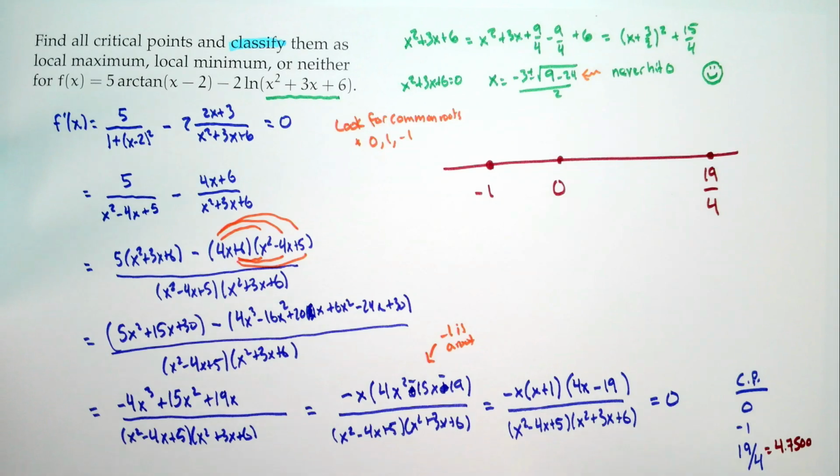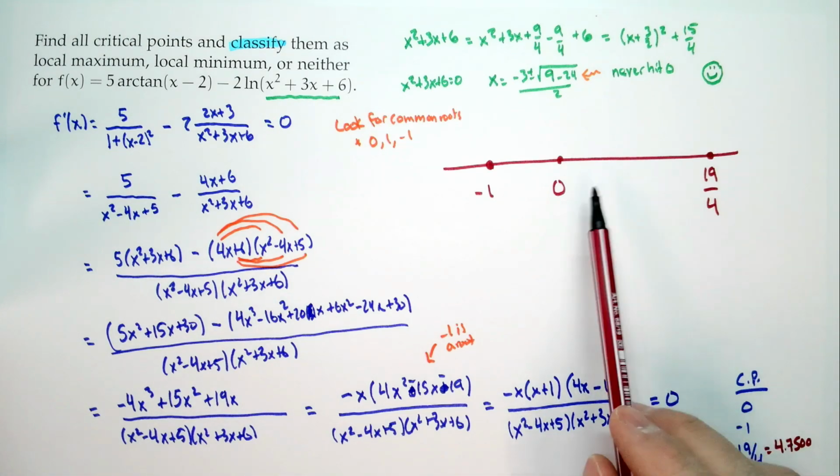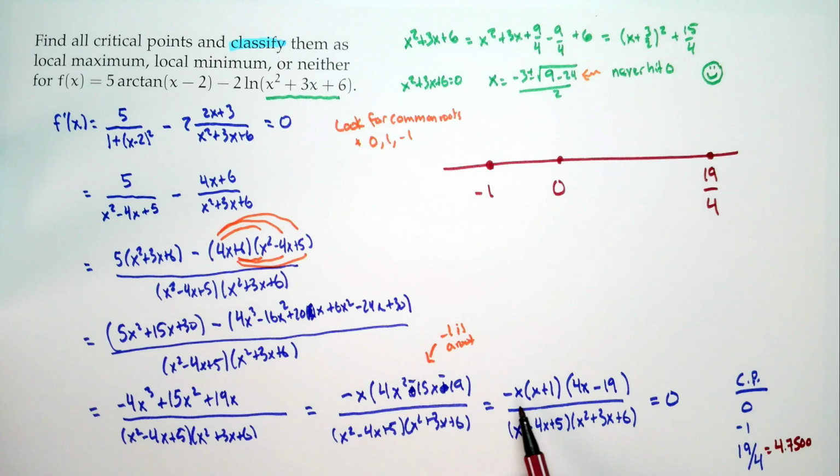All right. Now, what do we do? Well, we just start picking numbers. And remember, we're only after the sign. So if I pick, say, 1, that's a convenient number. It's between 0 and 19 fourths. The downstairs will always be positive, so I just have to look at the upstairs. There's already a negative. The x and the x plus 1 are both positive. 4x minus 19 is negative.